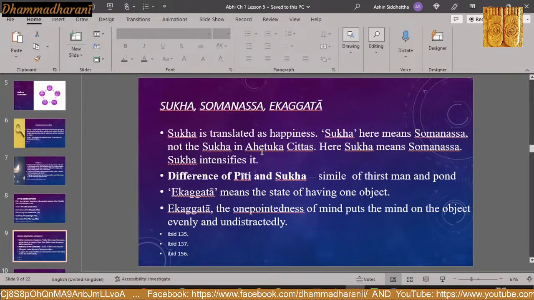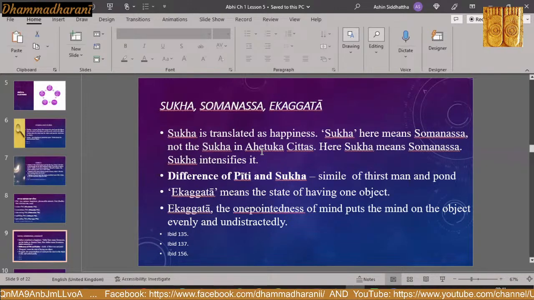Then the next factor, ekaggata. Ekaggata means the state of having one object. That's the nature by which we can concentrate our mind. It can take one state of the object.